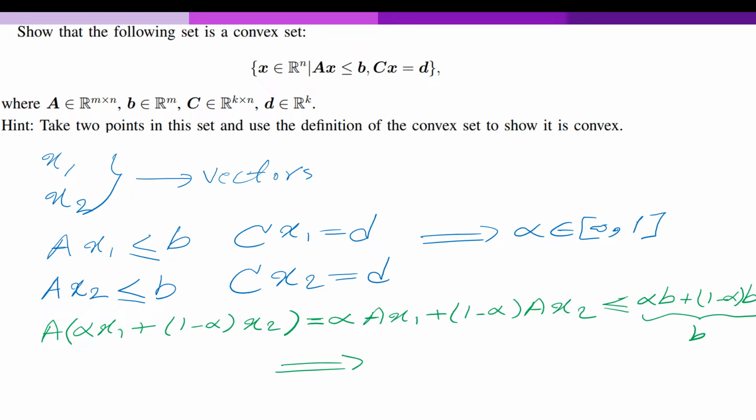Therefore, this term here is less than or equal to b and satisfies the definition of convex set. Now we're going to do the same for the other condition, which is this equality, and I'll do it in the next page.